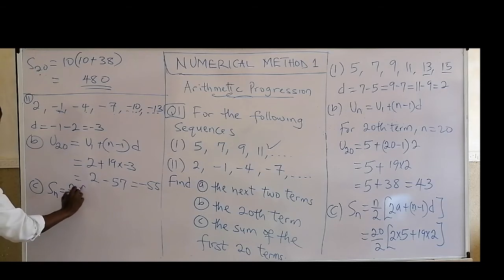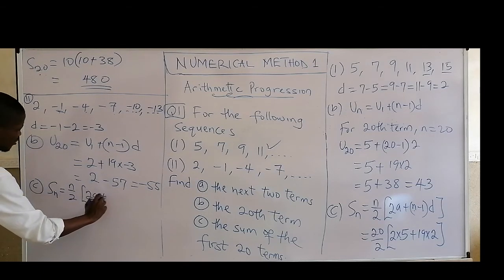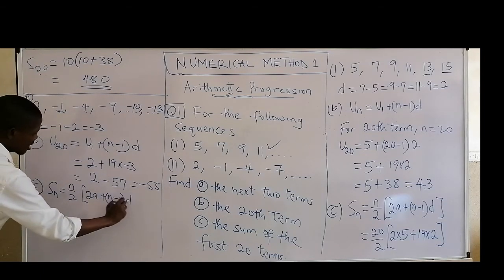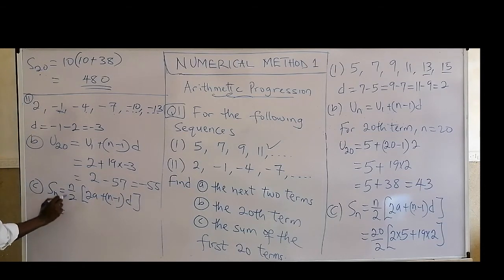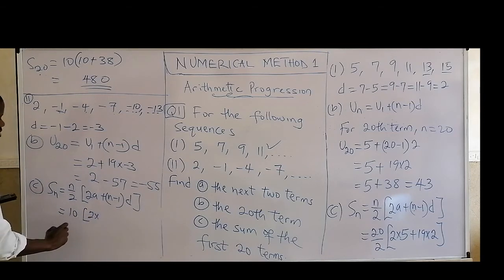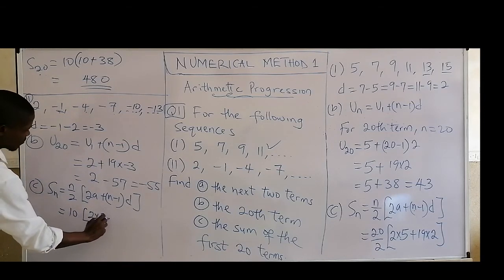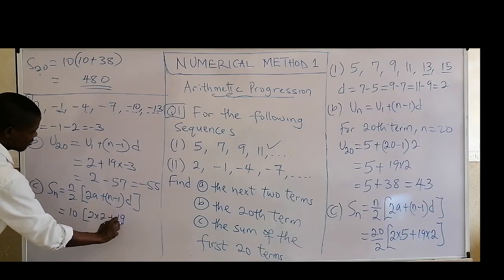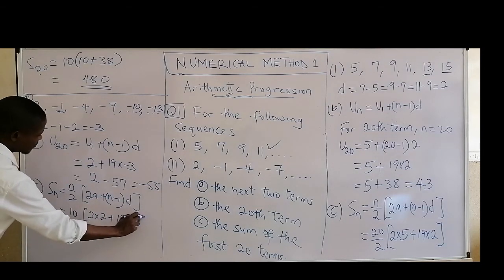Then the C part, the sum of the first 20 terms, will be equal to n over 2 into bracket 2a plus (n minus 1) into bracket d. And that will be equal to n is 20 over 2, that's 10, into brackets 2 times my a, which is 2, plus 19 times minus 3.